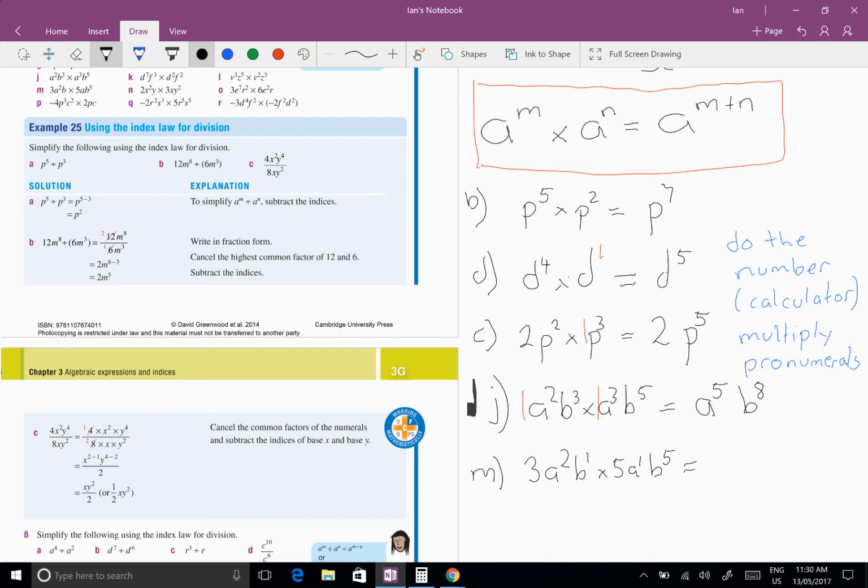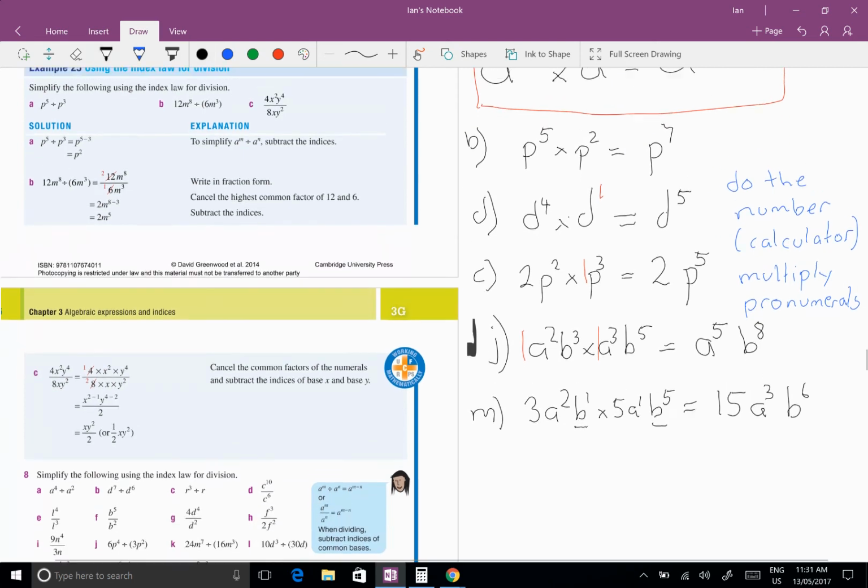Again, do the numbers first. 3 times 5, well, that's 15. Now do the letters and do them in alphabetical order. So I've got A squared times A to the 1. Well, I just add the powers. That'll give me A cubed, or A to the 3. I've got B to the 1 times B to the 5. Well, that'll be B, add the powers, B to the 6.